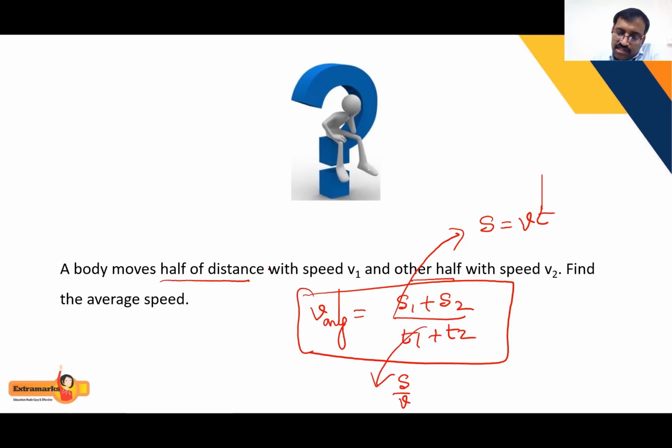In this question, the distance part is given, the velocity part is given. So time is not given. What is not given, you must eliminate in terms of the given things. So obviously that will be S by V. Hope you understood. So let us cross check here. Beforehand, let me tell you, as per the question, first half distance they mentioned.